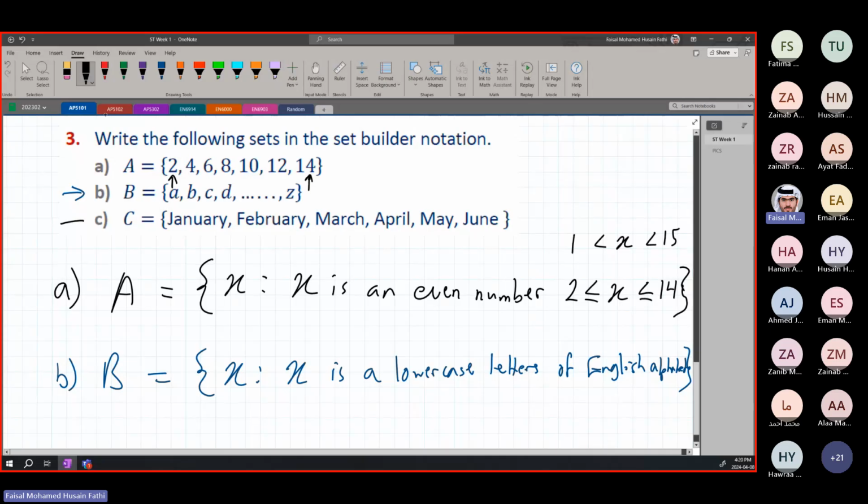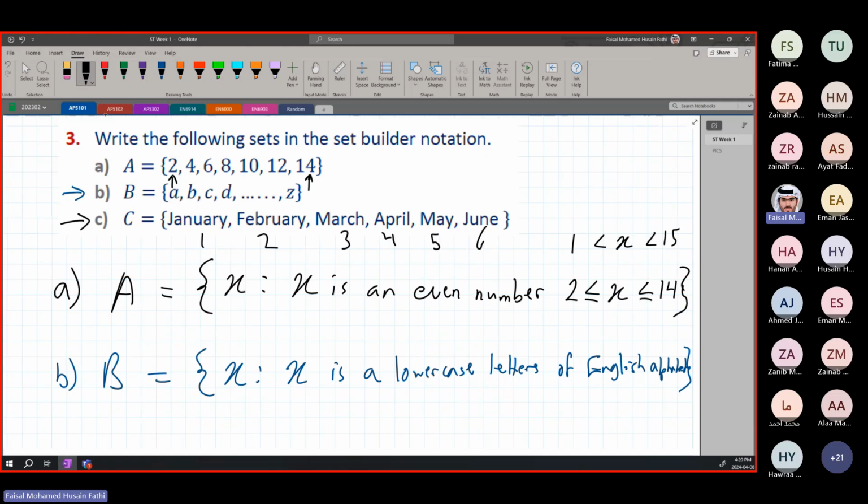In this case here, it's January, February, March, April, May, June. So this is 1, 2, 3, 4, 5, 6. All right. So this is the first 6 months of a year.